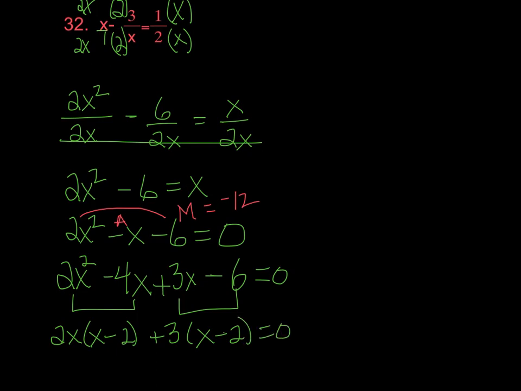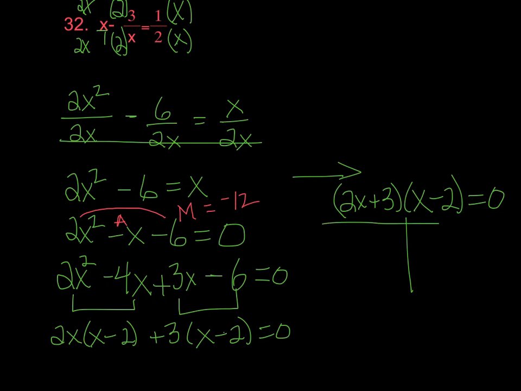All right, let's scoot on over this way. So that's going to give me 2x plus 3, and that's going to give me x minus 2, right? We're going to set this equal to 0, and we are going to do our little t-chart, and we're going to solve. So on the right I have x equals 2, just change the sign.